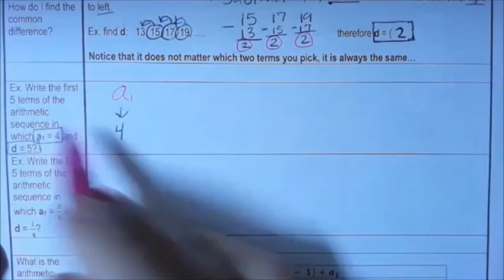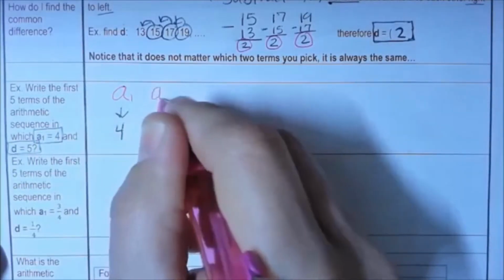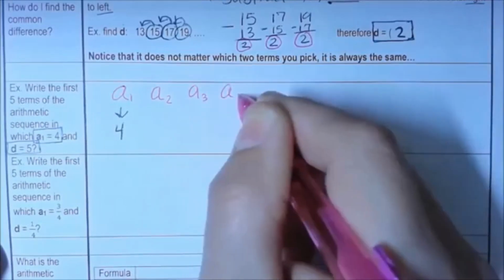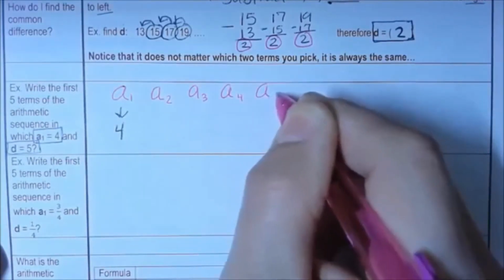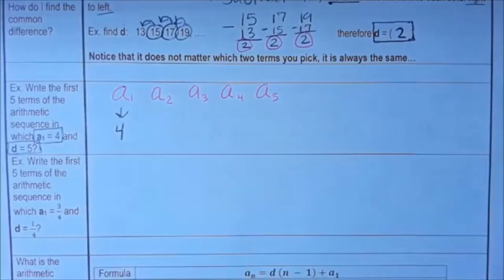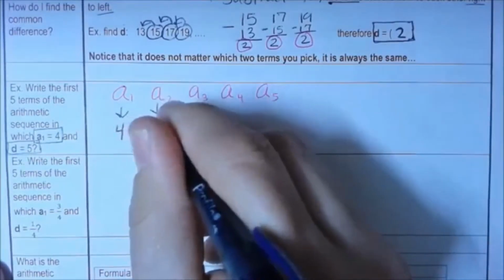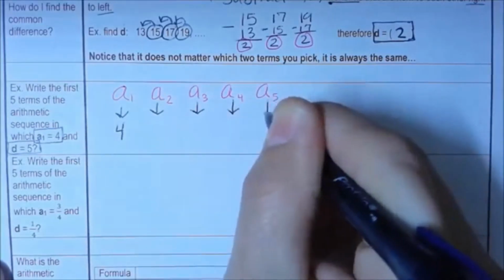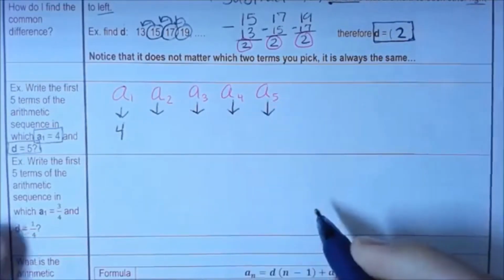And so I want to do 5 terms, so what I'm going to have is a sub 2, a sub 3, a sub 4, and a sub 5 when I'm done. We can also refer to this as 5 sequences of this number pattern.